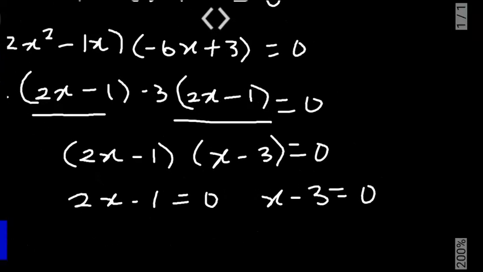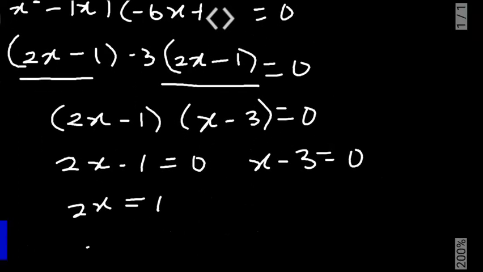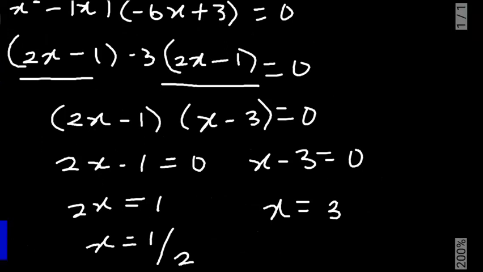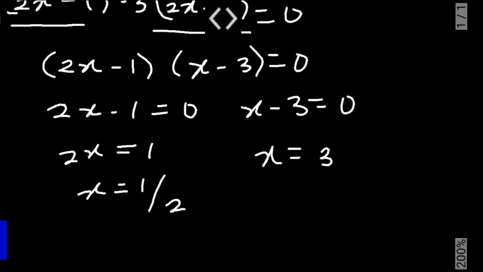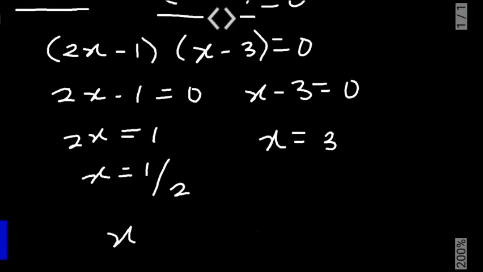So 2x equals 1, x equals 1 over 2, x equals 3. So our root of the equation, x equals 1 over 2 or 3. So that is actually how to solve quadratic equation by factorization.